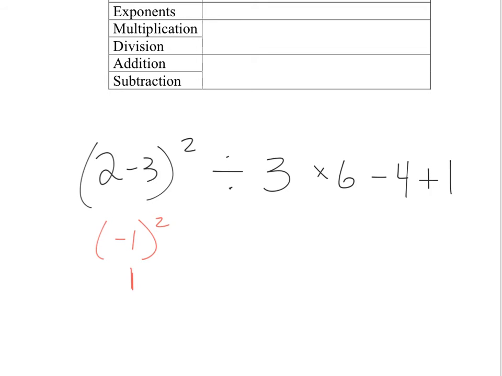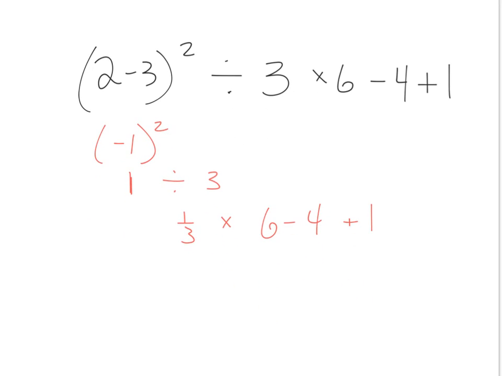After that, Sarah, what do we look for? Then you look for either multiplication or division, but division's first, so you divide 1 by 3. Okay, 1 divided by 3 is just 1/3, right? So I've got 1/3. I'll continue writing it down. Go ahead. Then you multiply it by 6, and you get 2. Just draw arrows so we know where they're all coming from.